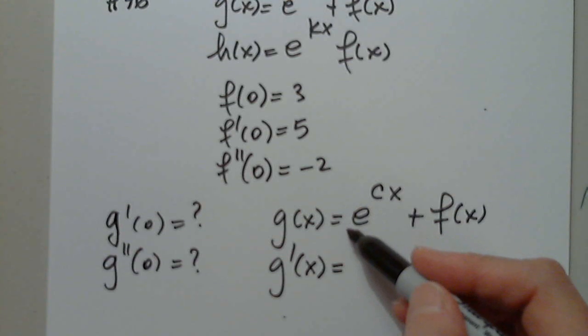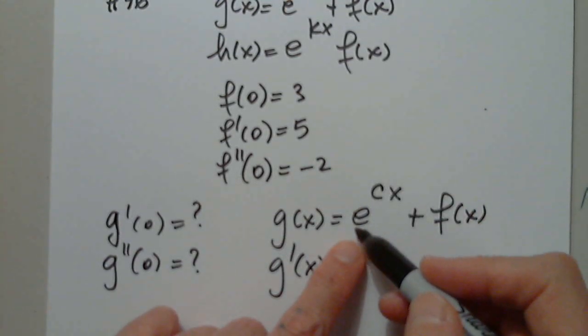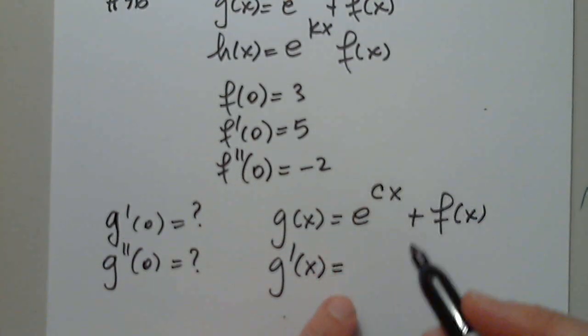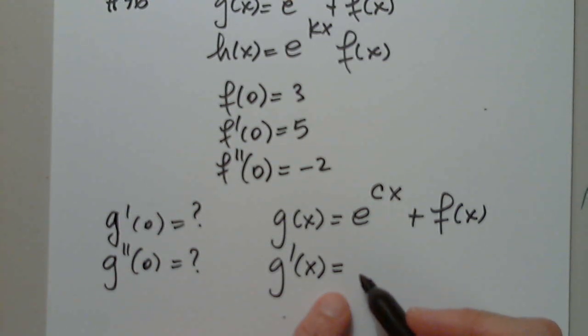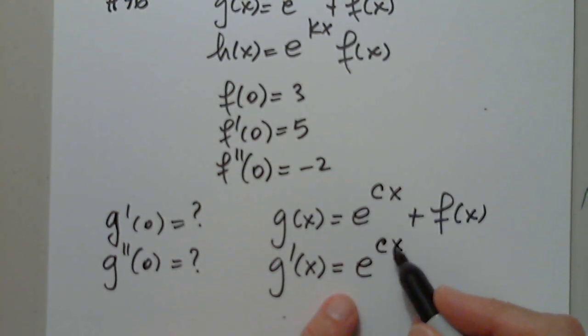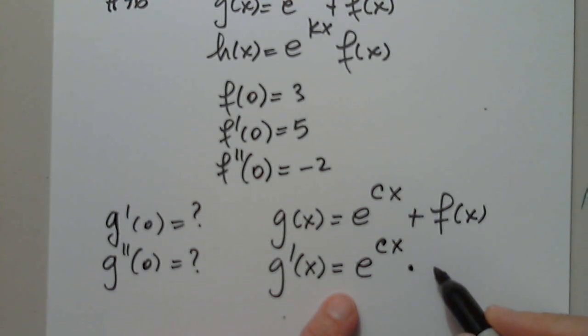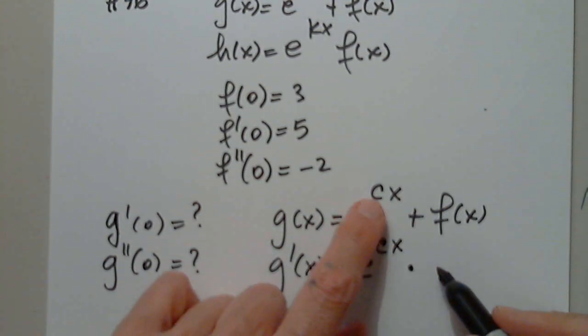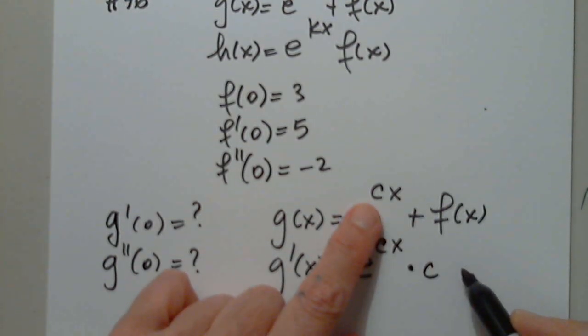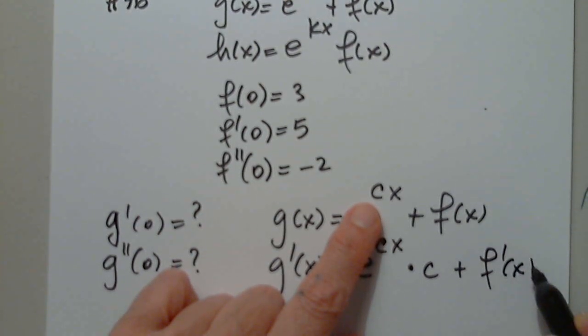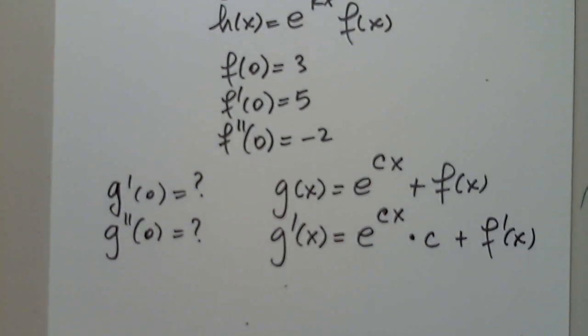Can anyone differentiate this for us and tell us what to write? e to the cx. What should I write? That'd be e to the power of cx times the inner function prime, which would be just c. That's it. Plus f prime of x. Awesome. Great job.